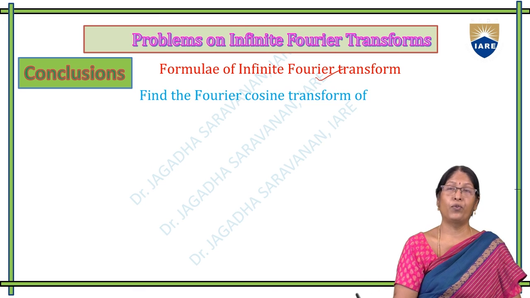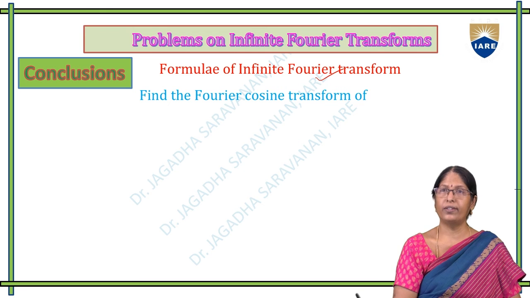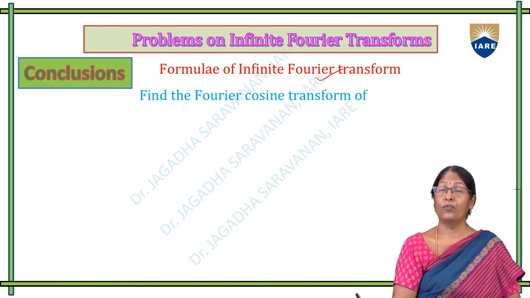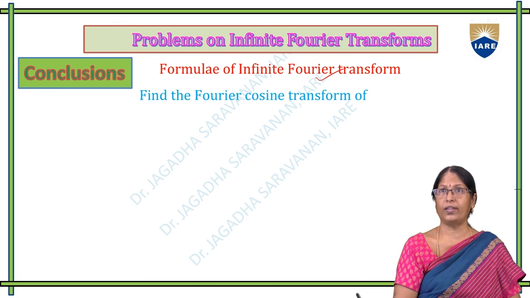So the Fourier cosine transform is 0 to infinity f of x cos px dx. Fourier sine transform, integral 0 to infinity f of x sin px dx. These two we discussed in detail taking the problems.